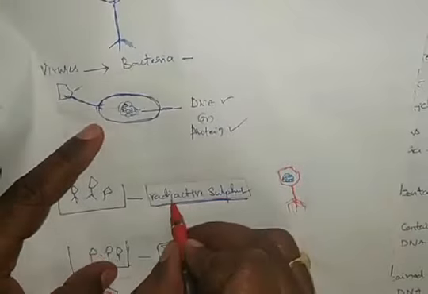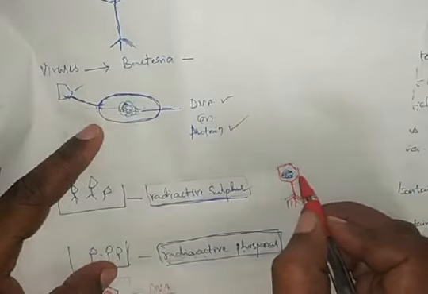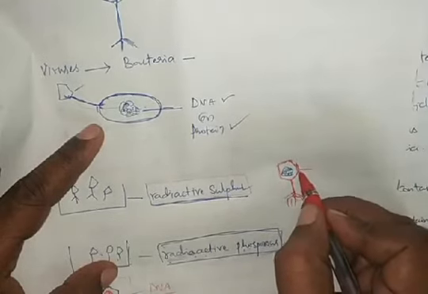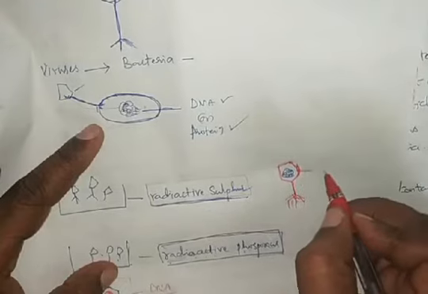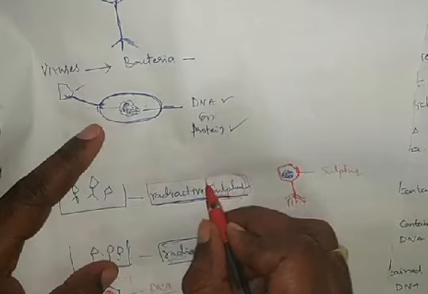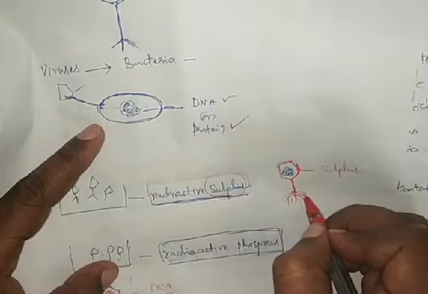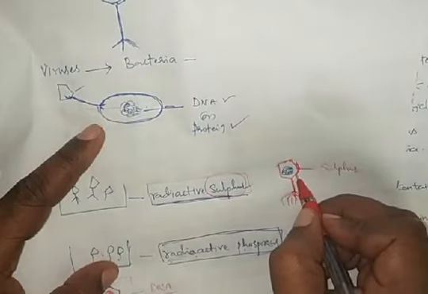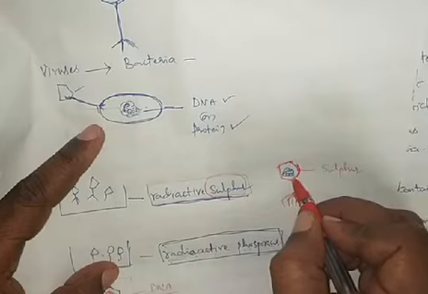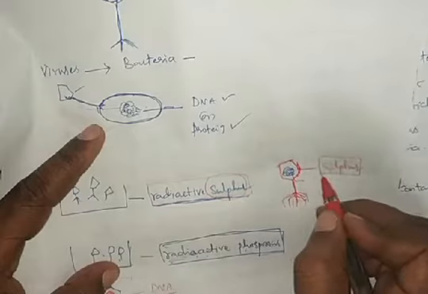Because radioactivity is seen in this coat, because in this protein coat sulfur is present. This sulfur is replaced with the radioactive sulfur. That means radioactivity is seen in the protein coat of the bacteriophage. That is not in the DNA, because DNA doesn't have this sulfur.